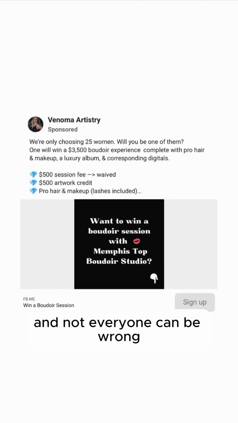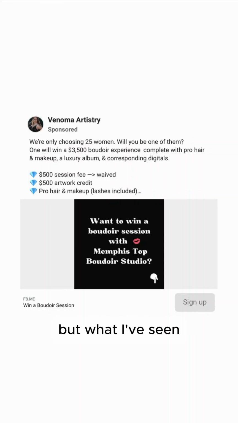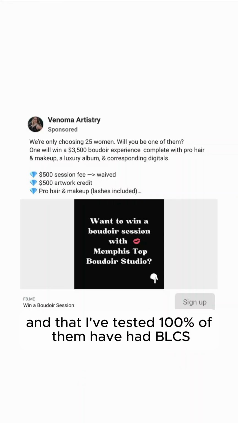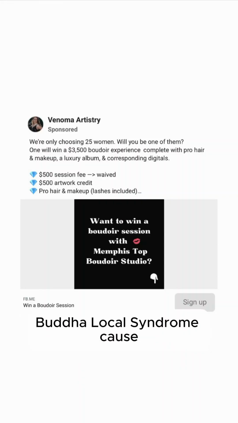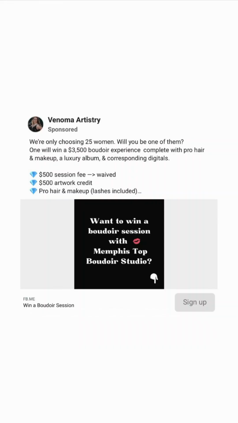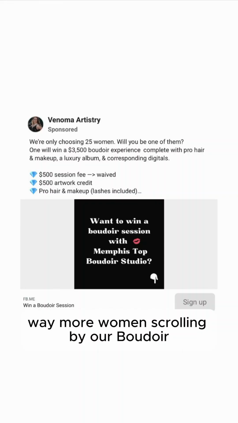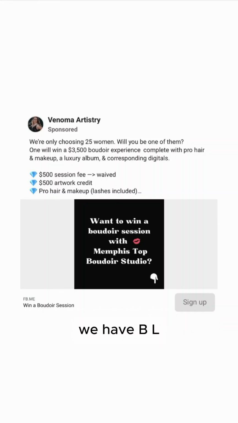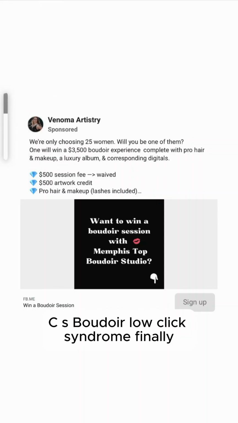They look like ads as well, and not everyone can be wrong, can they? But what I've seen, all the Boudoir Facebook ad backends I've seen and that I've tested, 100% of them have had BLCS, Boudoir low click syndrome, because everyone's making the same exact mistakes as everyone else. So the consequence of this: way more women scrolling by our Boudoir Facebook ad than necessary, pulling our unique CTR under 6%, and increasing the probability we have BLCS, Boudoir low click syndrome.